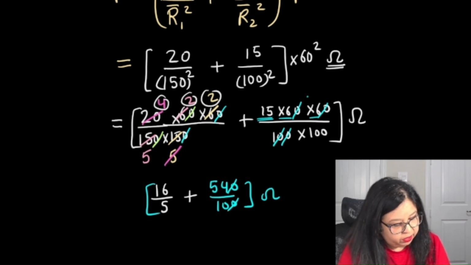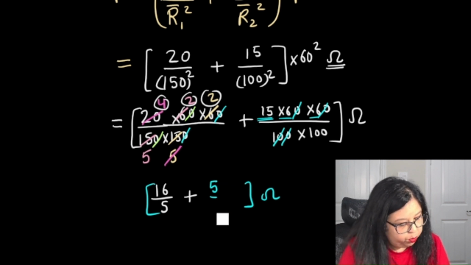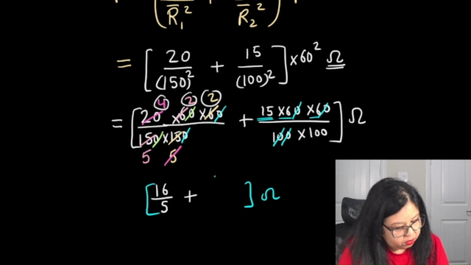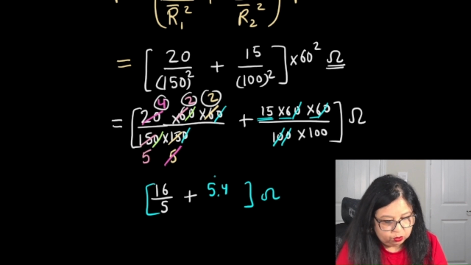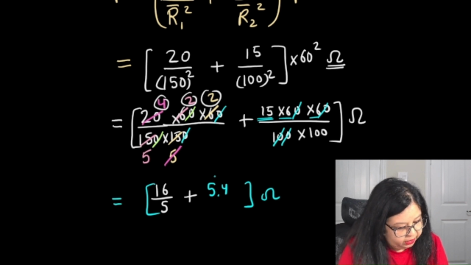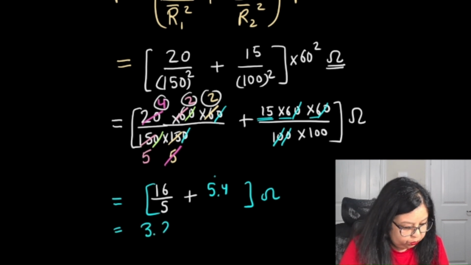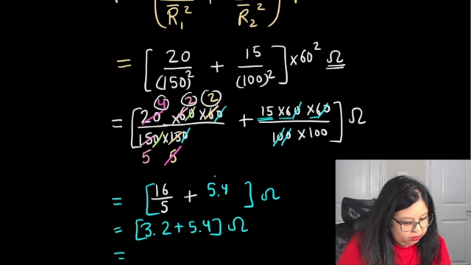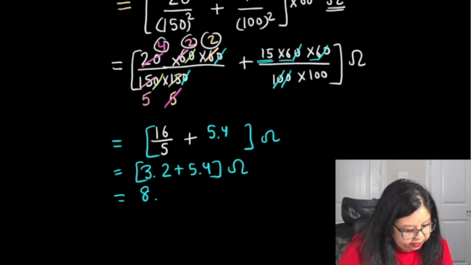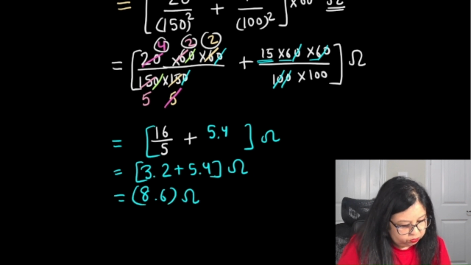Here, zeros canceled out again, and this gives us 5.4. So let's go ahead and write down 5.4. What is 16 divided by 5? That will be 3.2. Yep. So we get here 3.2 plus 5.4 ohms. This gives us 8.6 ohms.